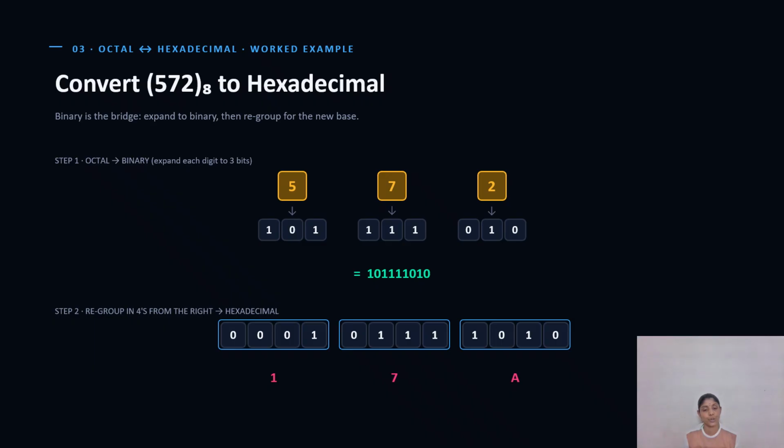So 0001 based on 8421 code, the value is 1. 0111, it is 7. Next it is 1010. 1010 is 10. There is no 10 here. Instead of 10, you have to write it as A. So what is your resultant now? 17A base 16. So you have converted the octal to hexadecimal here.